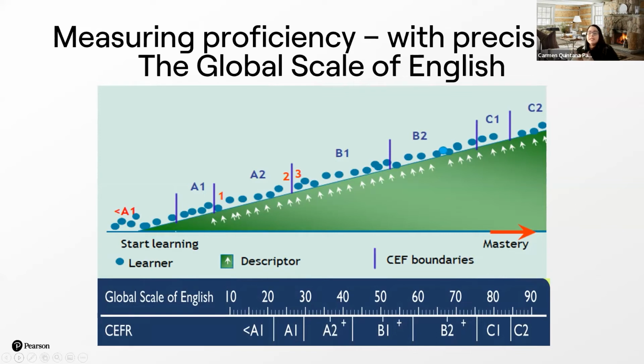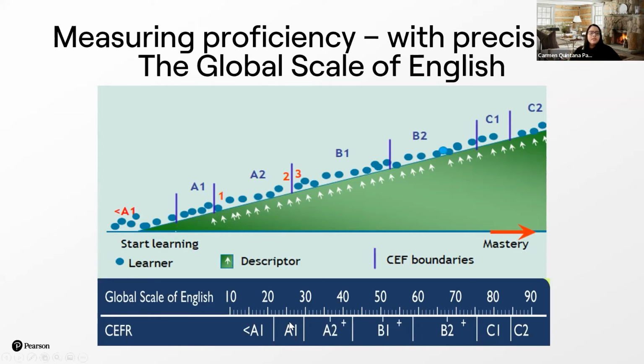Now, what the Global Scale of English has managed to do is break those very broad bands within the CEFR into slight segments or chunks that can be measured perhaps with a bit more precision.